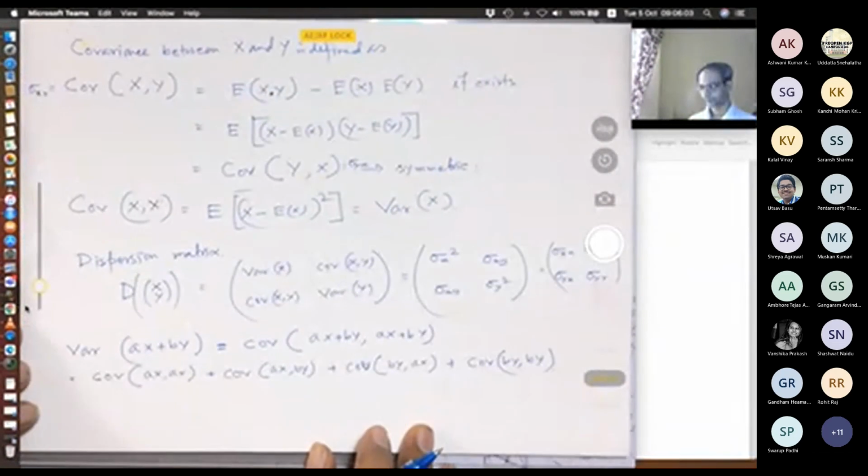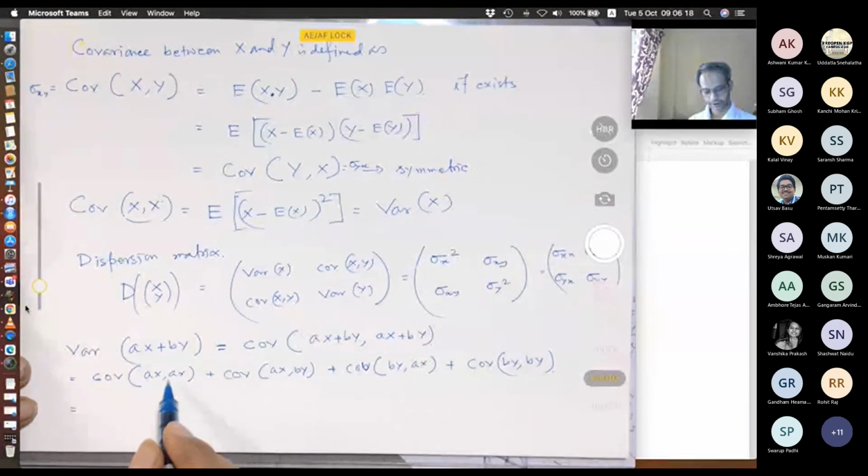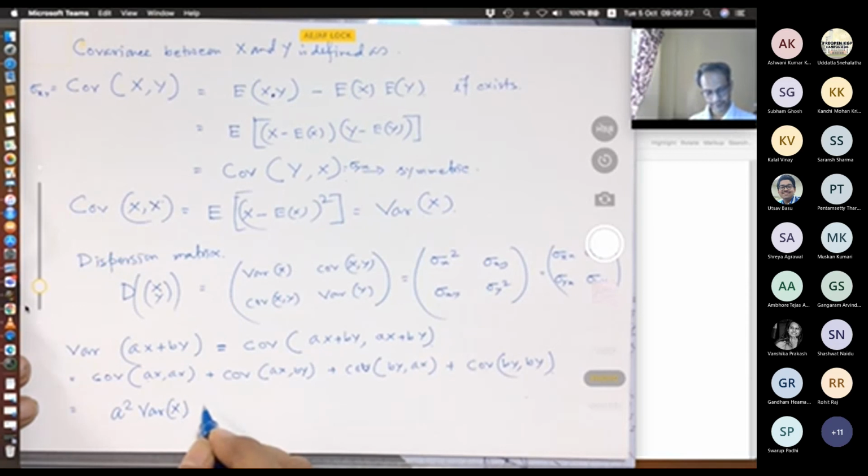Now, can you please tell me what will be this one? Variance of x. But what happened with a? A squared times variance of x.